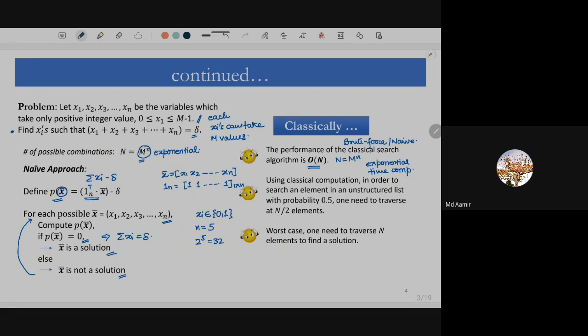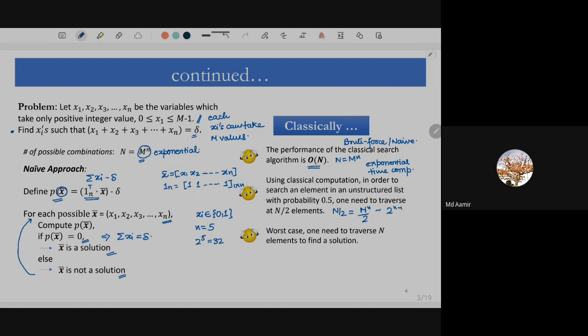Yes, and then there are a few improvements that can be done. If we use classical computation to search an element in an unstructured list with probability half, then we can reduce n by 2, but that will not give a significant decrement, because n by 2 is just, let's say, 2 raised to n minus 1.